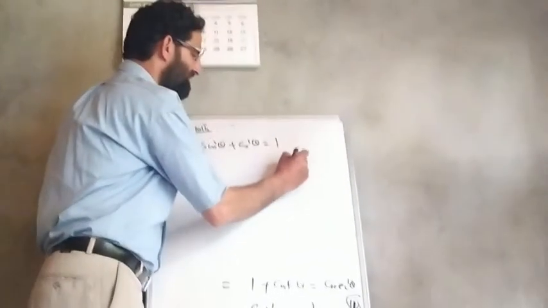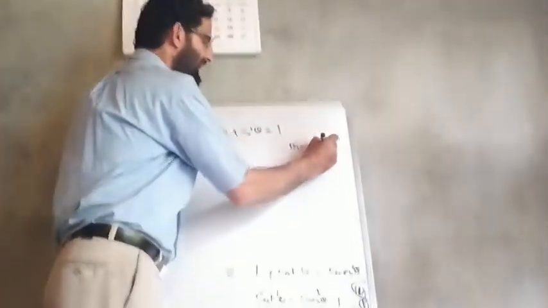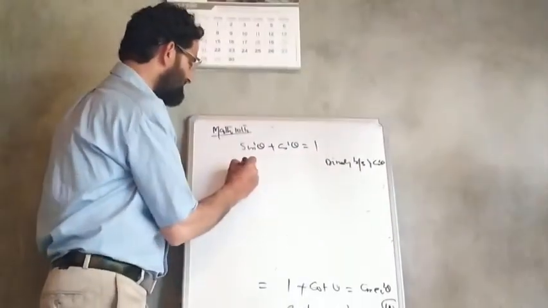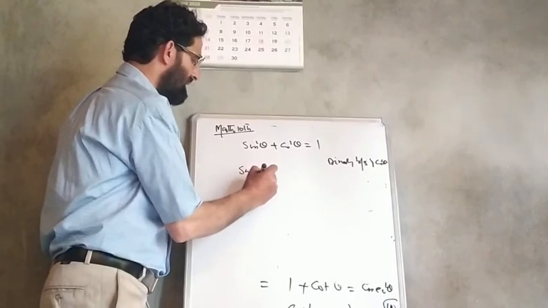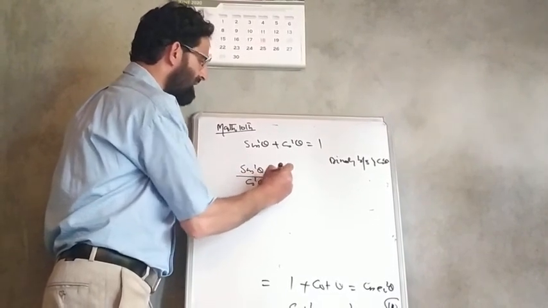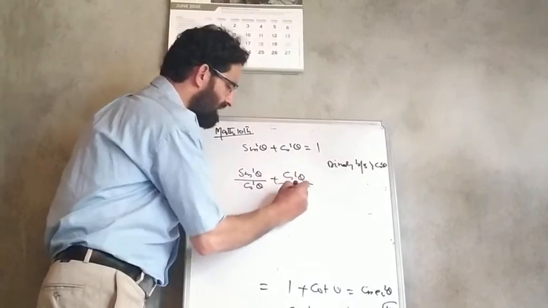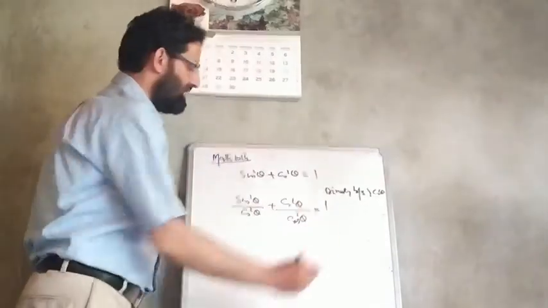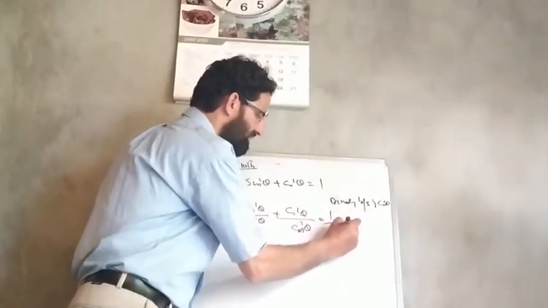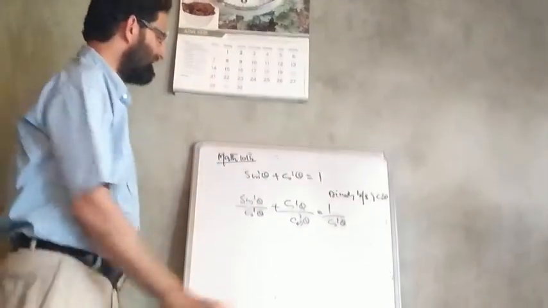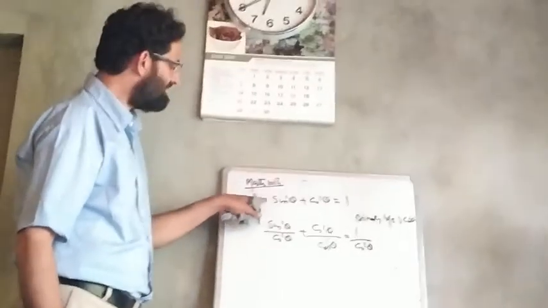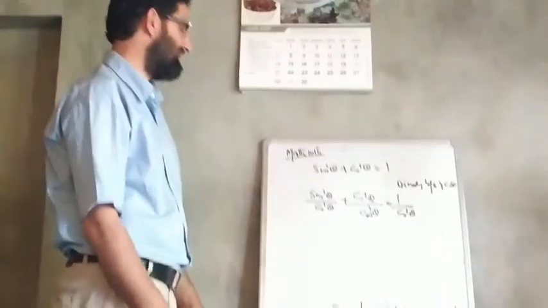So dividing both sides by cos square theta: sin square theta divided by cos square theta plus cos square theta divided by cos square theta is equivalent to 1 divided by cos square theta. This is very simple. Previously we divided each term by sin square. This time we are dividing it by cos square. Again, it is the basic identity, sin square theta plus cos square theta is equal to 1.